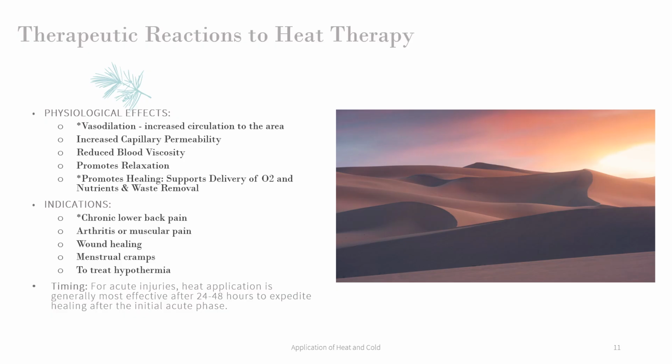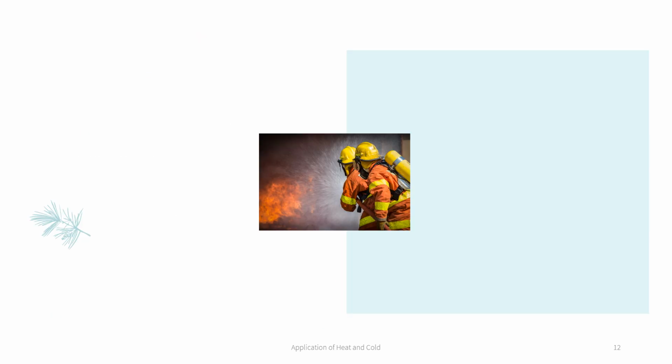It's most effective after the first 24 to 48 hours following an injury, after the acute phase has passed. Deep heat is used to penetrate deep within the tissue, so a warm, moist compress is often the most effective method.